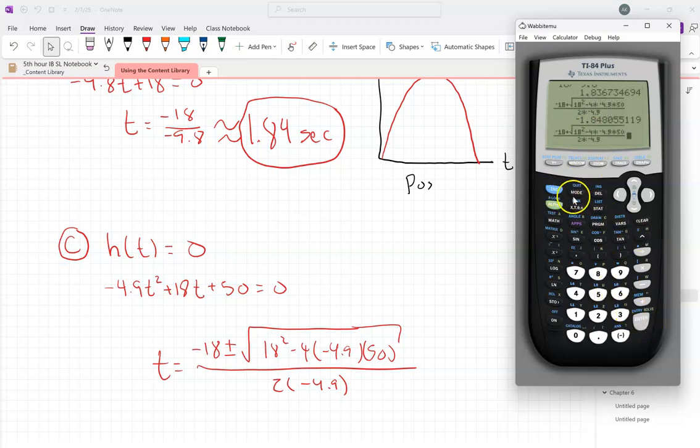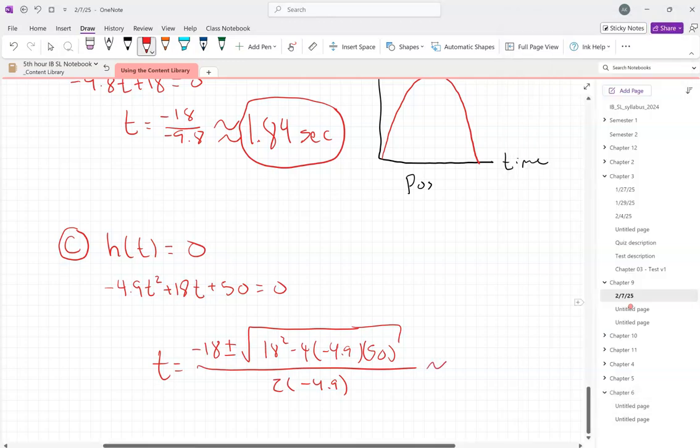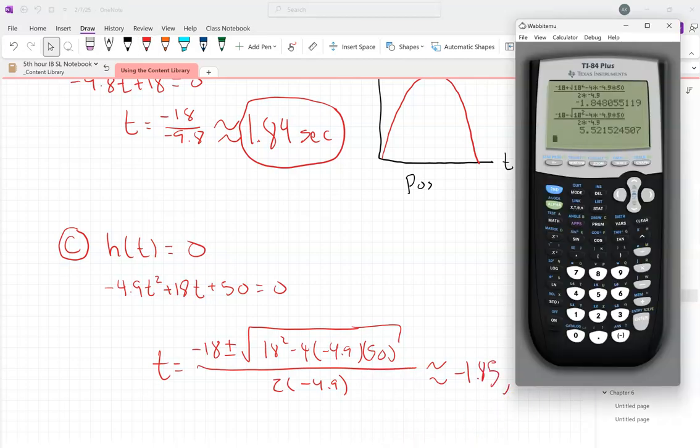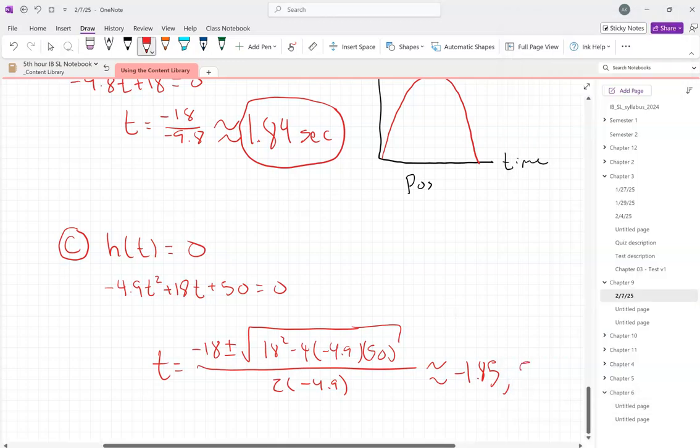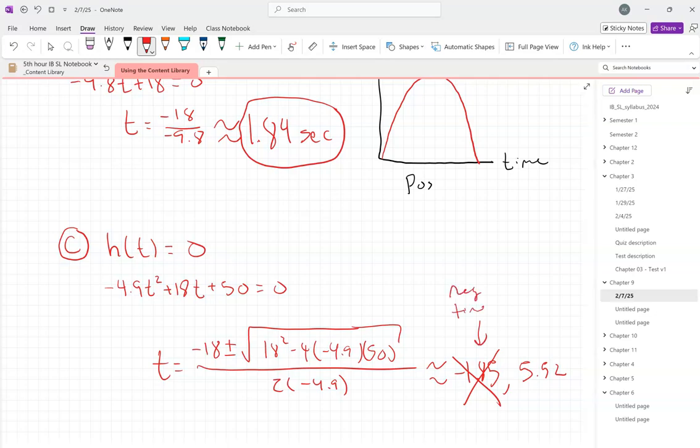So I'll just go back and change this from the plus to the minus, and we'll find that answer. There we go. So we got negative 1.85 and positive 5.52. Yep, and those are in seconds.